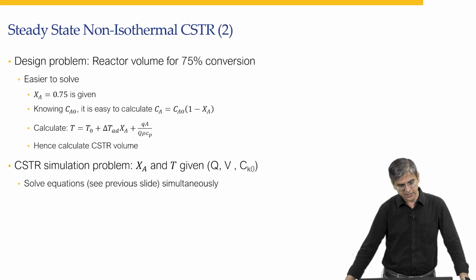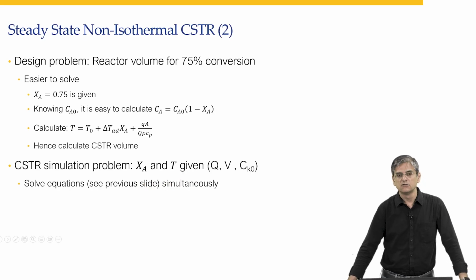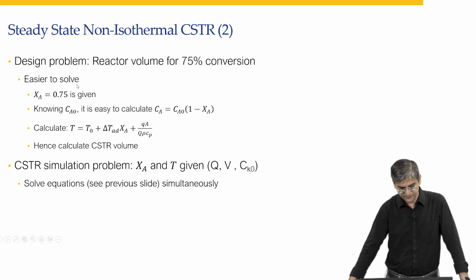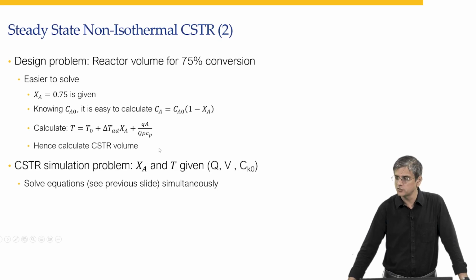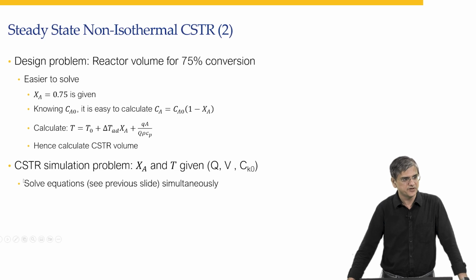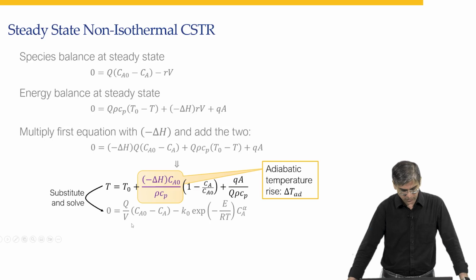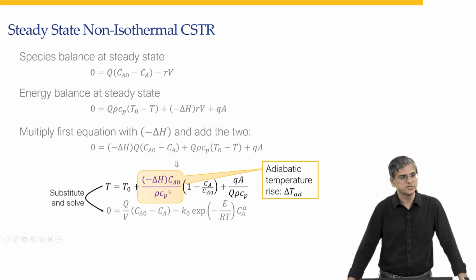A design problem, on the other hand, is to find out the volume of the CSTR so that you will get a conversion of 75%, okay. This sounds familiar from undergraduate. The reason why a lot of problems in your undergraduate are formulated in this form is because for CSTRs it is fairly easy to calculate using this approach, compared to if we ask you what is going to be the conversion and temperature.